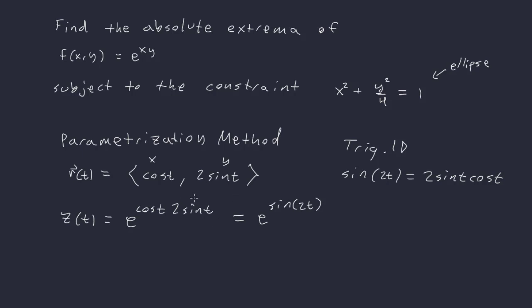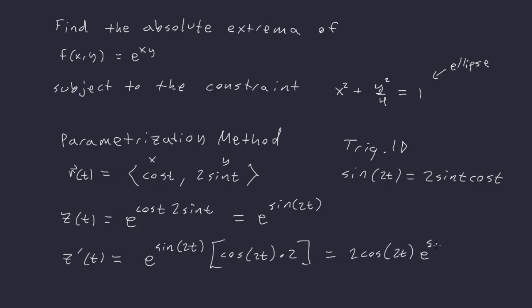We don't have to do this, it's just going to make it 1,000 times easier because now when I take the derivative, z prime of t, we're going to get, well, derivative of e to the stuff is e to the stuff left alone. Then times the derivative of the stuff. So that's going to be cosine of 2t times 2. Okay, so it's really just going to be 2 cosine of 2t e to the sine of 2t.